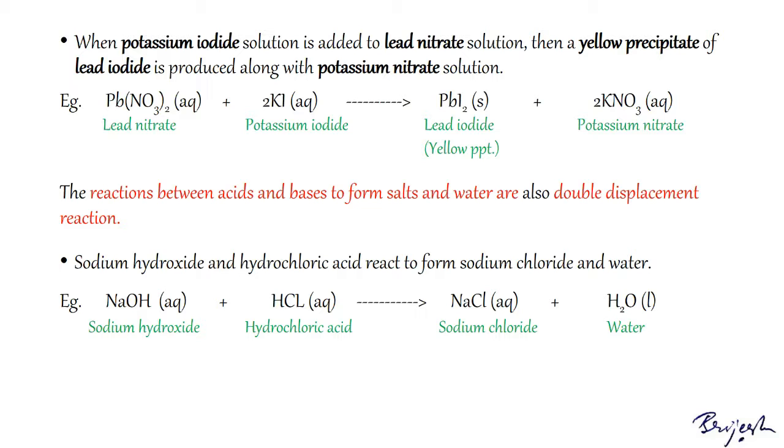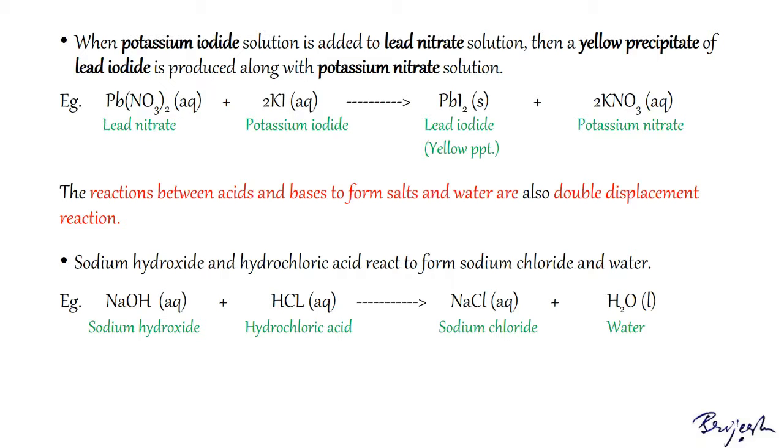In this double displacement reaction, two compounds, lead nitrate and potassium iodide, react by an exchange of ions to form two new compounds, lead iodide and potassium nitrate. Please note that lead nitrate, Pb(NO3)2, is also written as lead(II) nitrate.